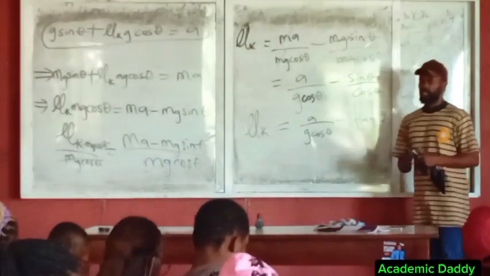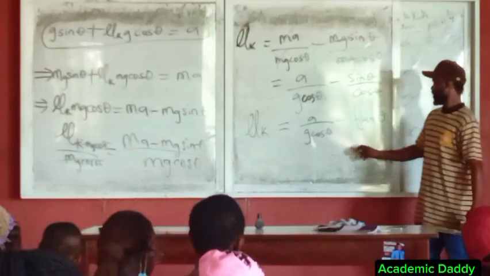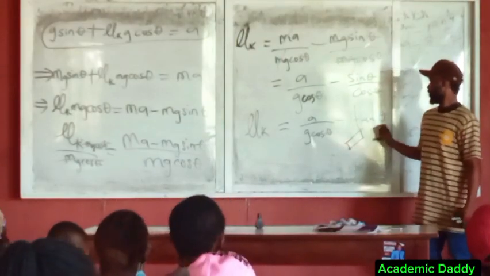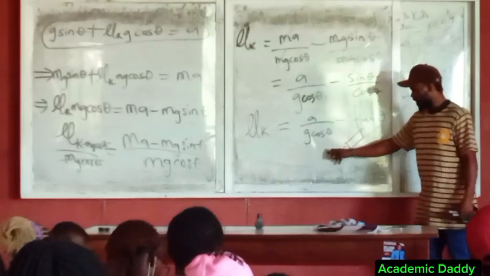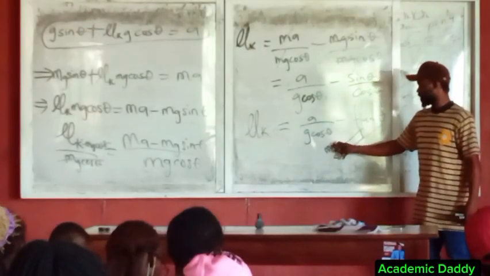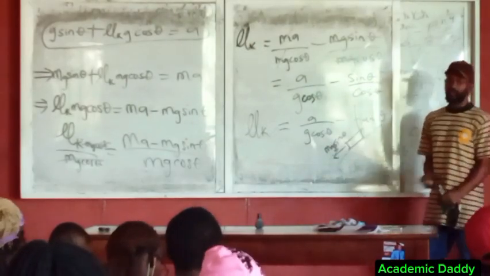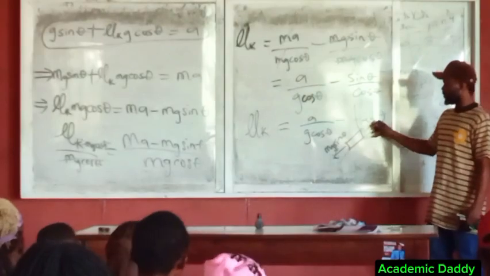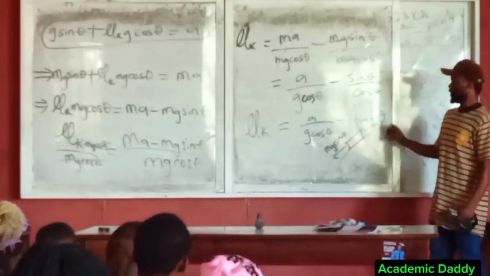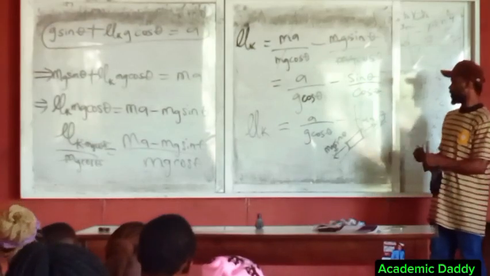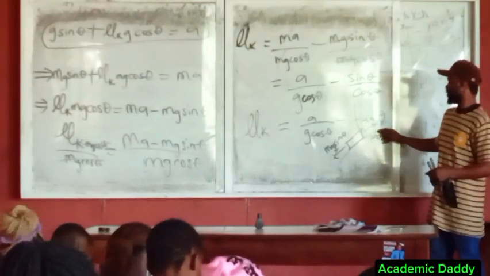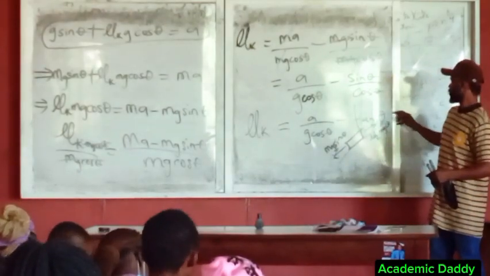So in summary, if this body is on a plane and sliding downwards, it is obeying mg sin theta, which likes it to come down. And the minute it's sliding, there will be a negative force, friction. That is the coefficient of kinetic friction times mg cos theta.